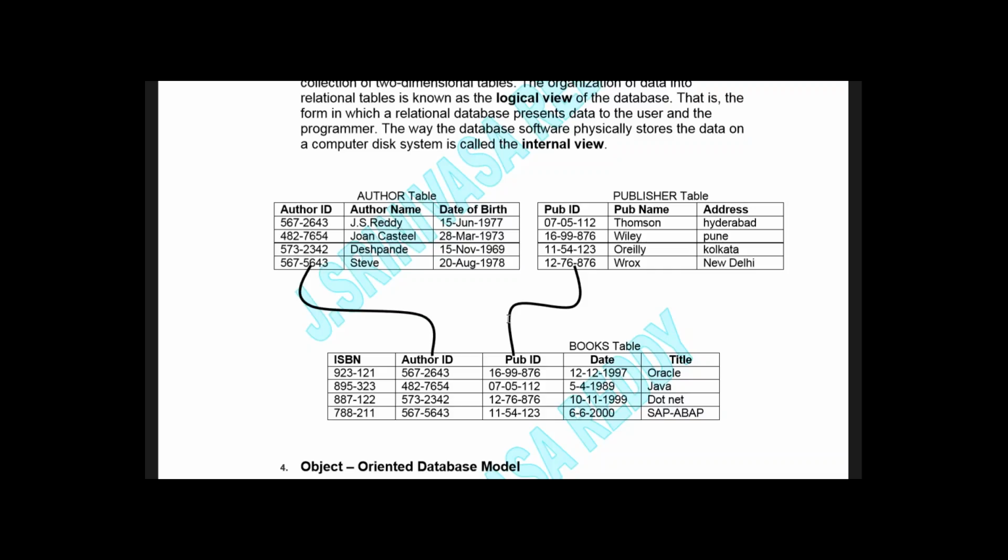Are you clear? So here, what is the relation between author table and books table? Author ID is the relationship. What is the relationship between publisher table and books table? Publisher ID is the relationship, right? So whenever your database maintains this kind of relations, this is what we call relational. Got it?